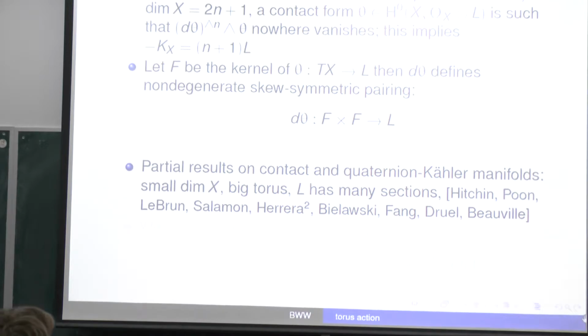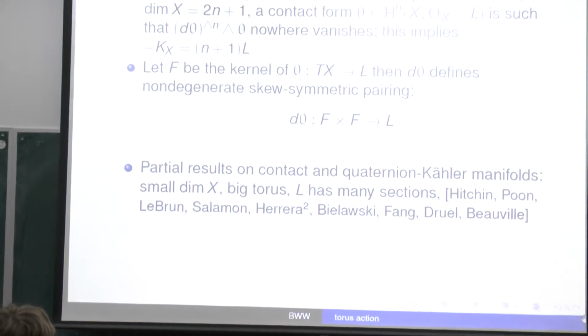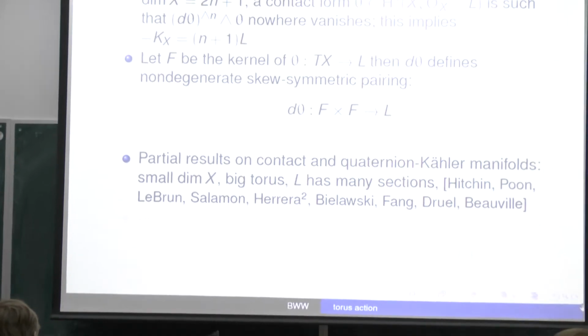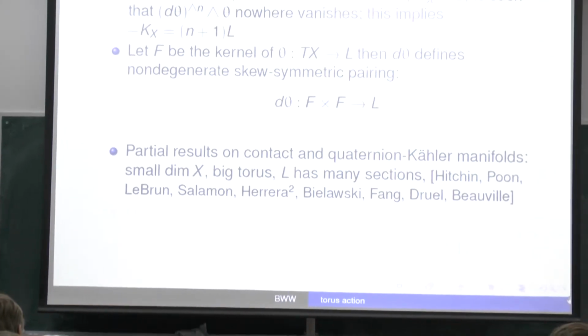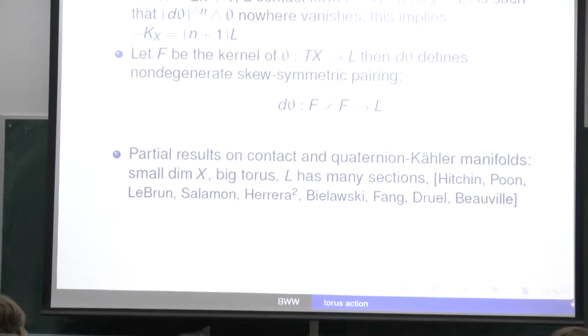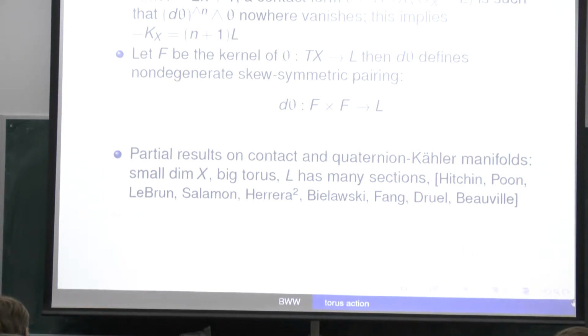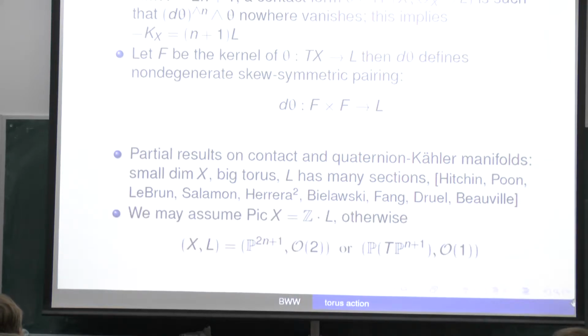Then there was a result by Herrera and Herrera in dimension 7, whose proof turned out to have some problems. Essentially, if you go dimension-wise, everything is known up to dimension 5. So the contact Fano manifolds up to dimension 5 are known.